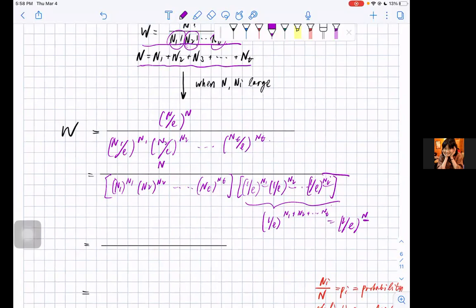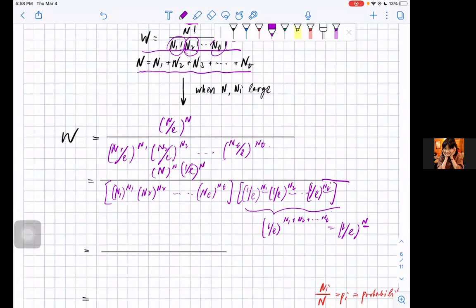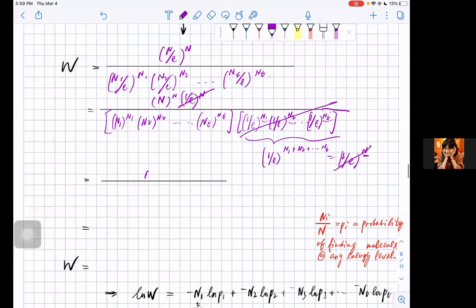And at the same time, we can also separate n's term and e's term on the numerator. And these two terms can cancel out nicely, leaving us with only the n term.